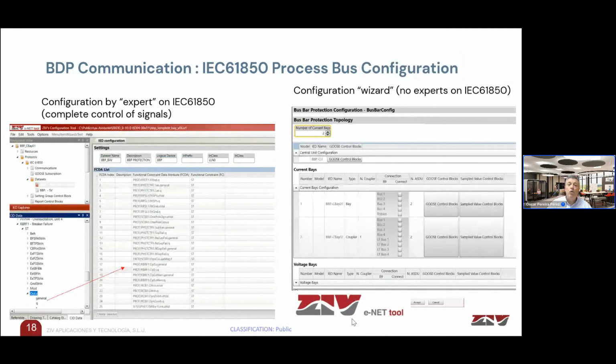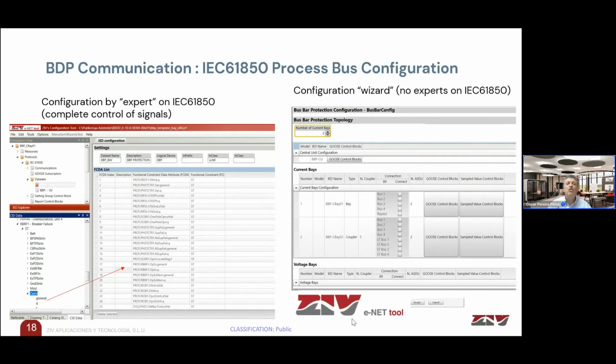And for all those wondering about the 61850 configuration, I'm happy to say that we have good news, because we have a communication program, the ZIVinet tool, that includes a configuration wizard.